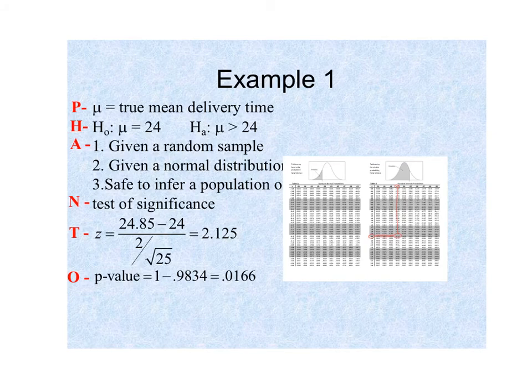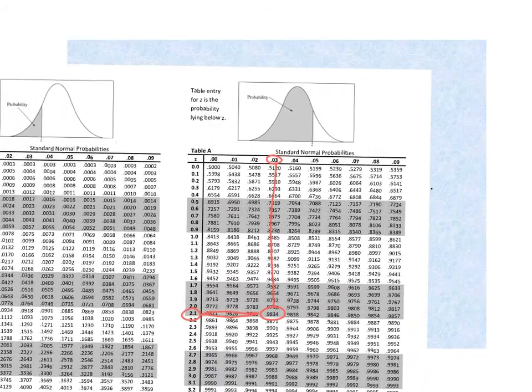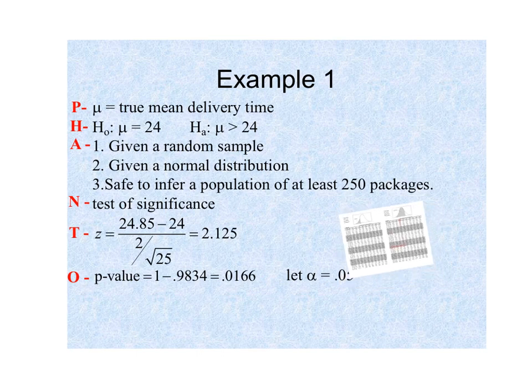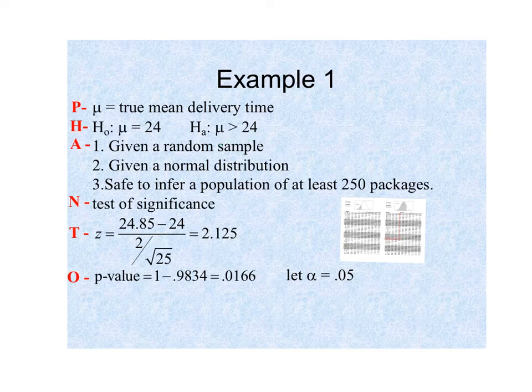But I'm going to subtract from 1 because I don't want less than, I want more than. How do I know that I want more than? Well, we can always look back at the alternate hypothesis, right? It says more than 24. So I'm going to shade more than. Anytime I want to find the probability of more than, I do 1 minus.